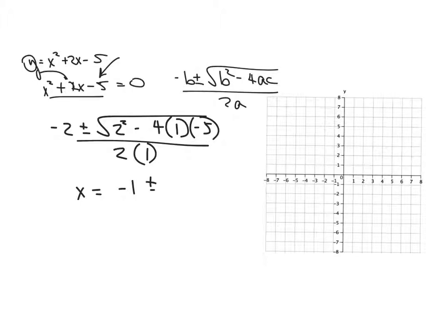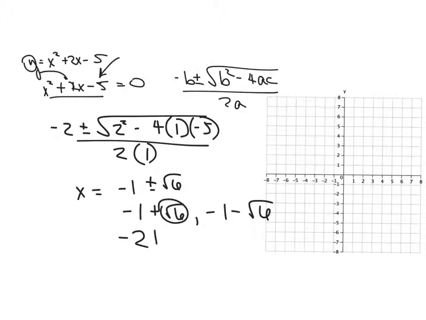-1 plus or minus the square root of 6. So that means it crosses the x-axis at -1 plus the square root of 6 and -1 minus the square root of 6. So you have to take your calculator, find the square root of 6, and we find out the square root of 6 is about 2.4. Okay, so let's try this again. -1 plus 2.4, -1 minus 2.4.